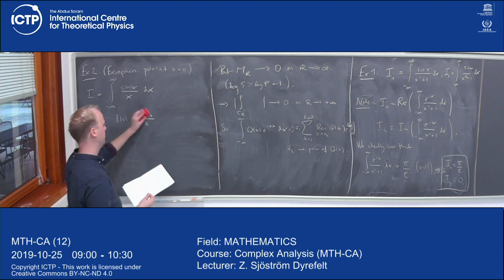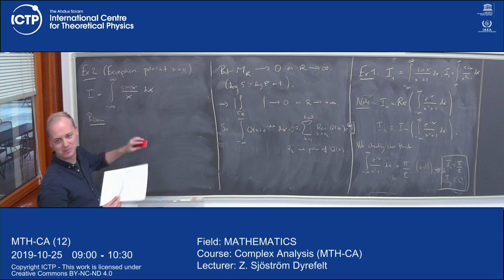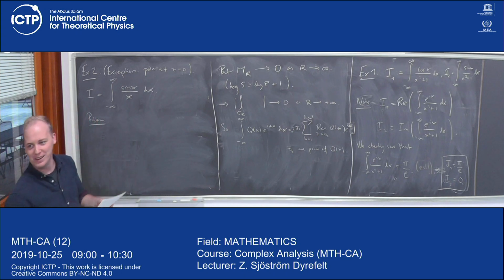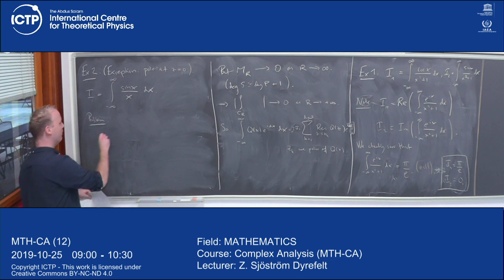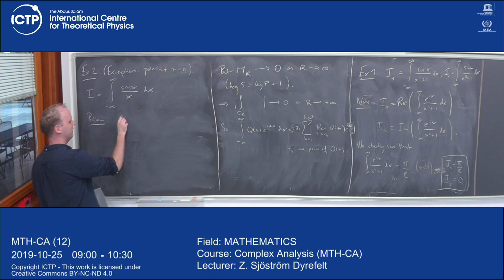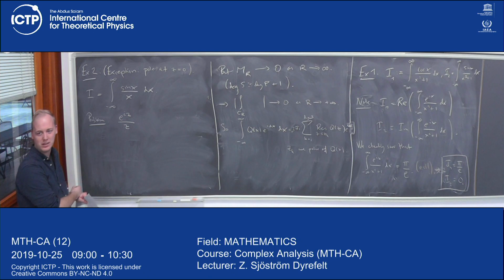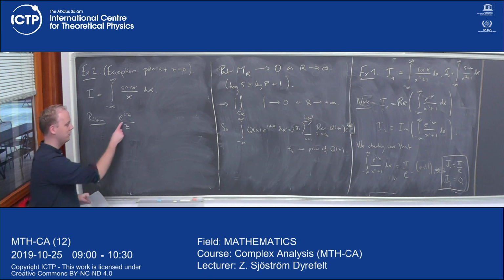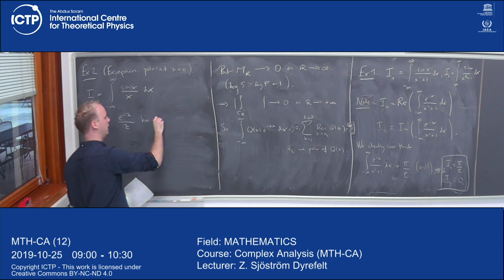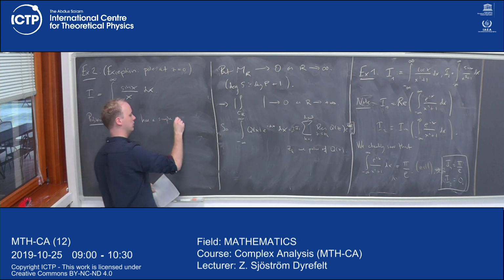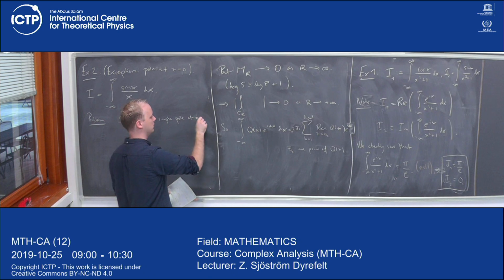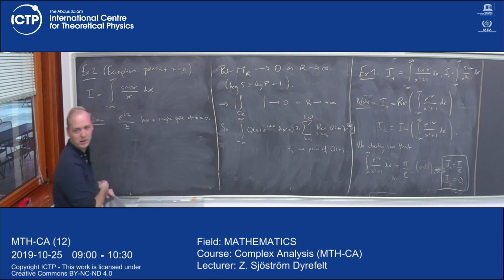It's a removable singularity. I had also thought of this before. But the problem is that e to the iz over z, if you try that method, because that method says that if you have cosine and sine, you should try to integrate e to the iz, this one has a pole. That's a simple pole at z equals 0.